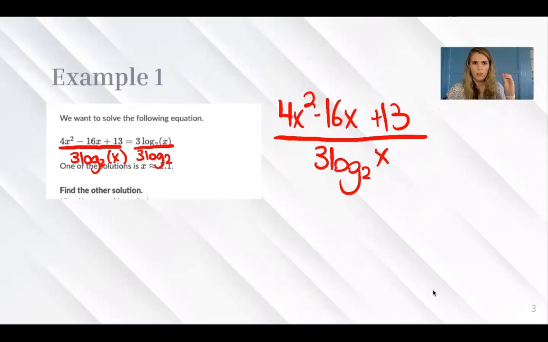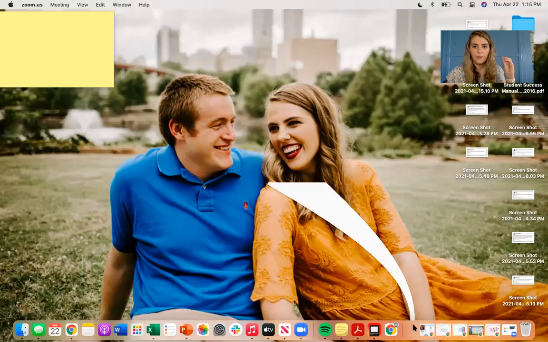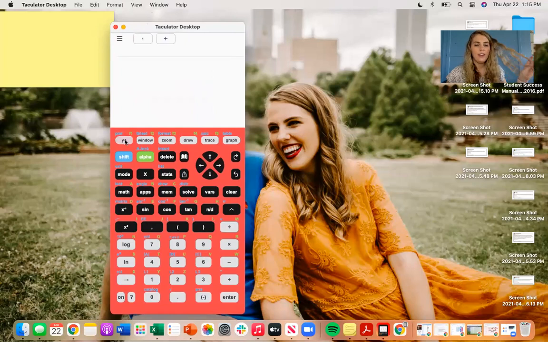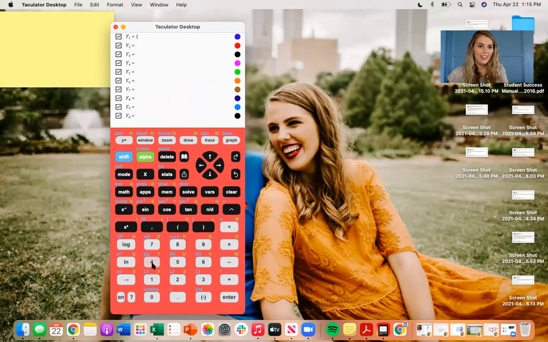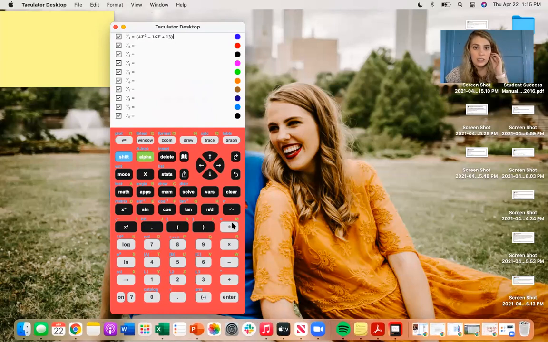So I'm going to try to share my whole desktop here. Okay, so in my calculator, I'm going to hit this y equals button, and then I'm going to put in the equation. 4x, looking for the squared button, minus 16x plus 13, close your parentheses, divided by 3 log x, close parentheses.